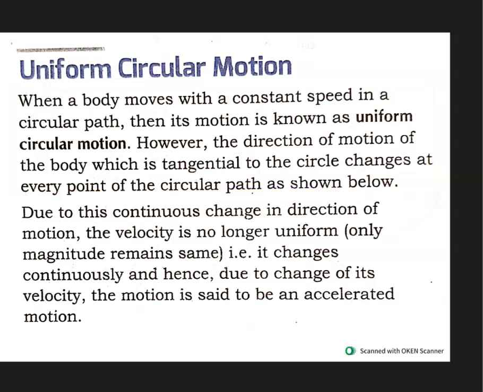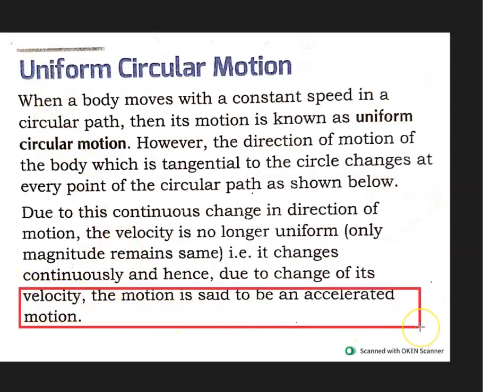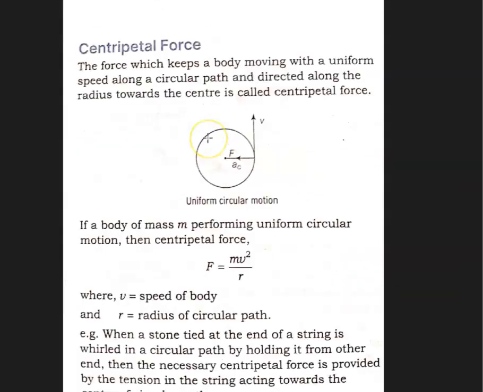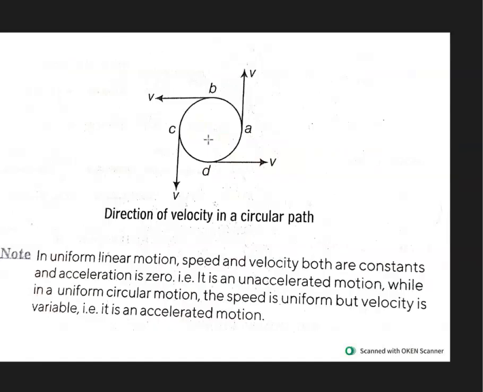Now, since the velocity is variable, we can say that the object is in acceleration and hence uniform circular motion is considered to be accelerated motion. You can look into this diagram which shows that the velocity is changing at every instant.